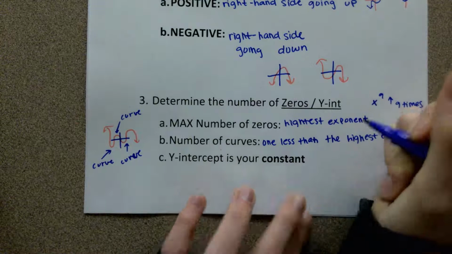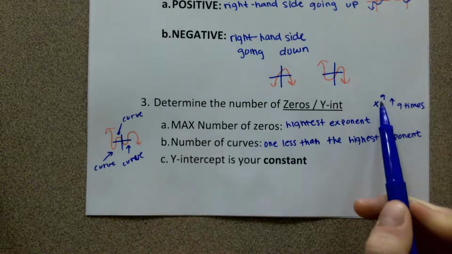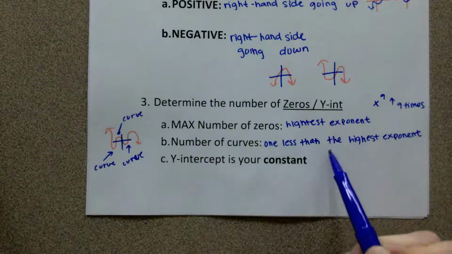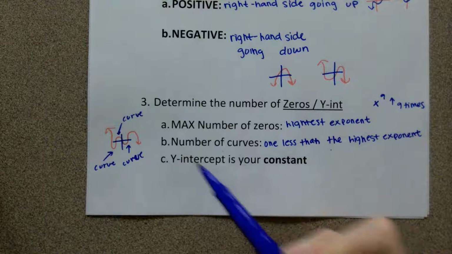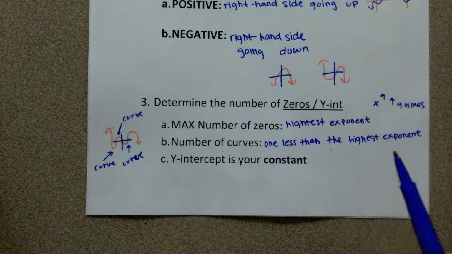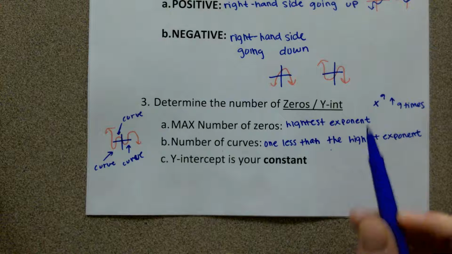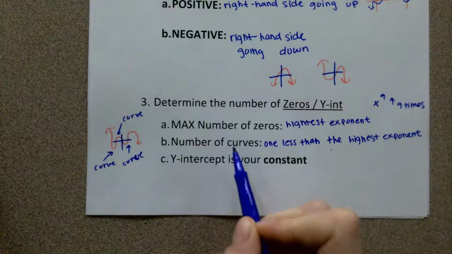Okay, so if I have 9 zeros, then I'm going to have 8 curves. If I have 3 zeros, then I'm going to have 2 curves. Okay, so it's 1 less than the number of zeros.